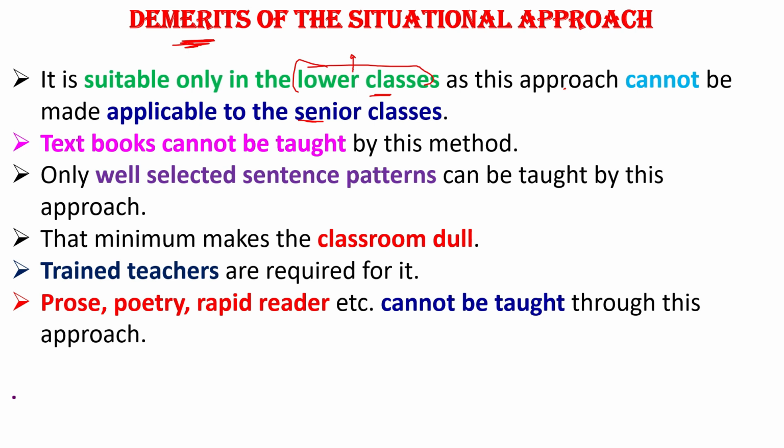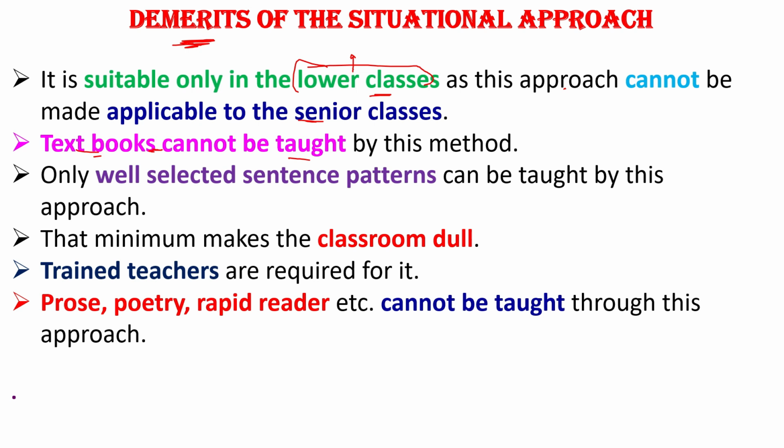So it will be difficult for the teacher to find that material, and textbooks cannot be taught by this method. So this is also very important. Textbooks cannot be taught, because textbook lessons are different from real life situations. You don't find the total real life situation. Very few topics are related, like one paragraph or one or two lines.